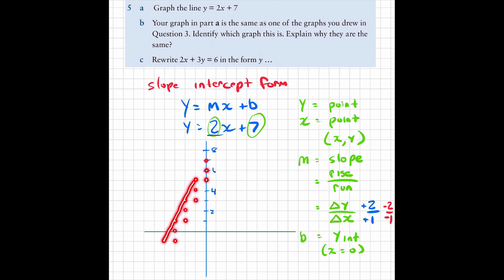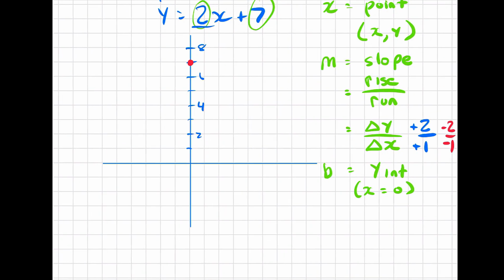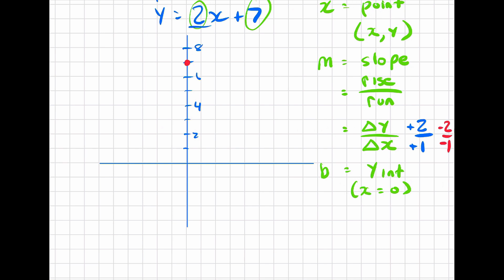And then basically I can join those points right here. So I'll make those points really quickly. Zoom in here. So I'm going to go down 2 and over 1, down 2 and over 1, down 2 and over 1, down 2 and over 1, and down 2 and over 1. And like I said, we can take a line and go right through all of those points, like so.